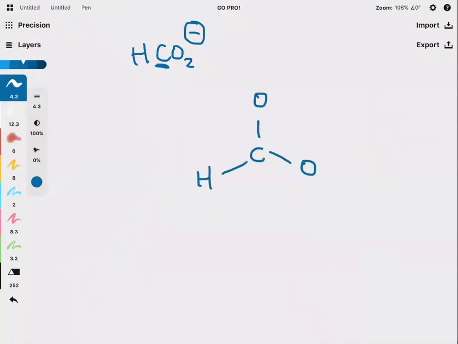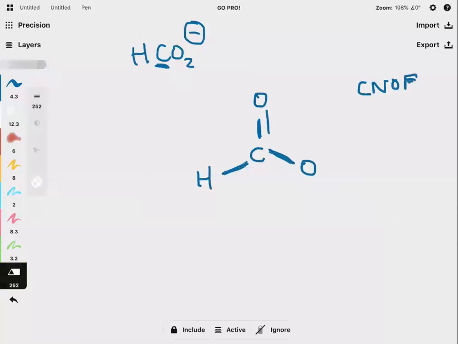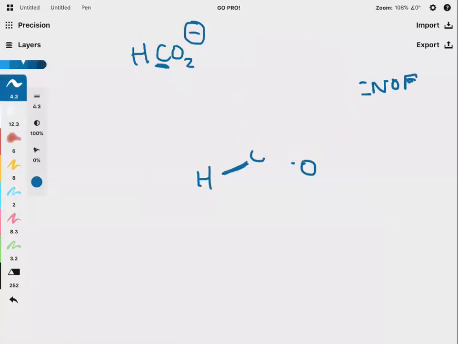Carbon is one of our CNOF octet atoms, and in this case we have 2, 4, and 6. So probably this carbon is double bonded to one of the oxygens, like that.